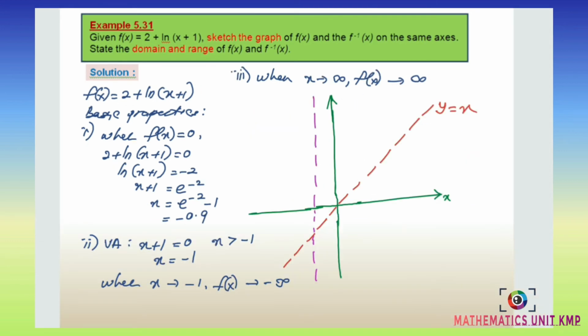To sketch the graph f(x) and the f inverse, first draw the dotted line y equal to x. And the second, draw the straight line, the vertical asymptote, when x equal to negative 1. Now, when y equal to 0, x equal to negative 0.9.